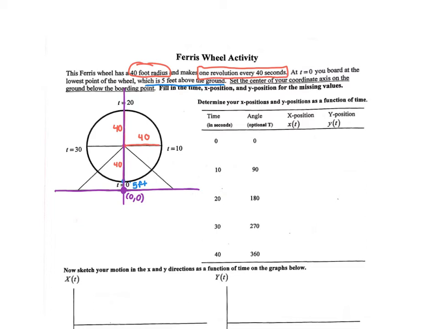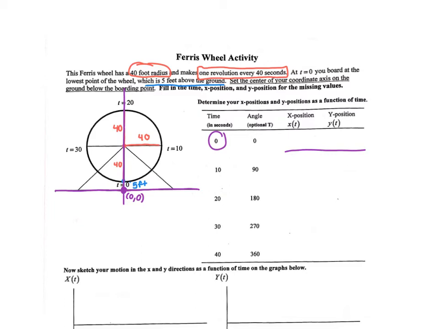And just like we've done in the previous example, we're going to make a table of values to compare the position of the Ferris wheel along different periods of time in its cycle. So for example, at a time of 0 seconds, where would the Ferris wheel be on a coordinate grid? What would be its x and y position?